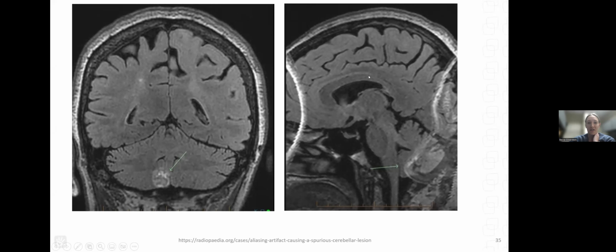So this, again, goes into the importance of looking at every sequence, every different direction that you can view to evaluate these sequences, because this was only seen in the coronal cut. Axial, you weren't able to see this particular artifact, and then here in the sagittal cut, you can see that that was actually the picture of the nose. So for this case, probably the field of view was smaller than the area being observed, and therefore you got the aliasing effect.